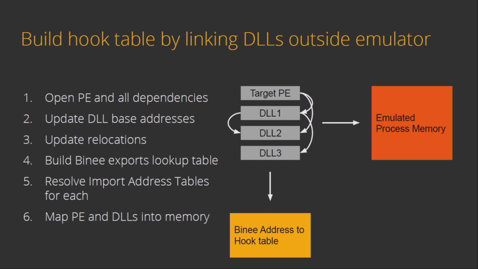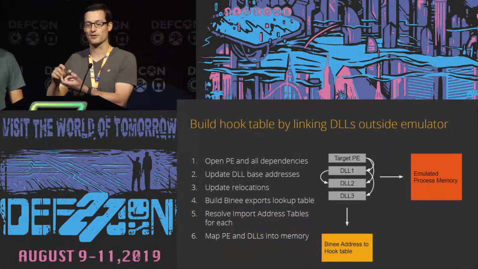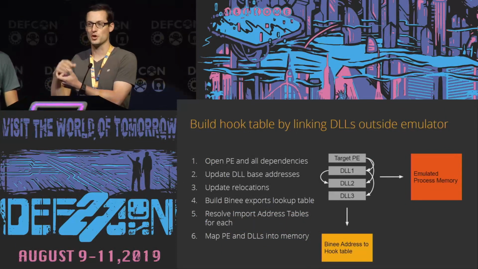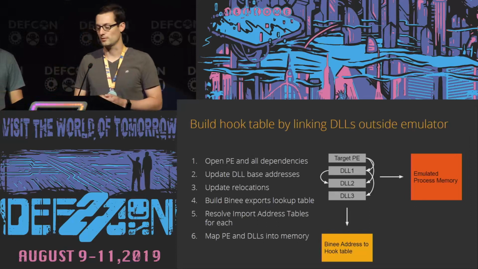So we now know the address for a particular function in the memory space, and we build our own map outside of the emulator between the DLL, the function, and where the address actually is in memory. This is so we can enable the hooking. When the emulator jumps to that address, we know to stop the emulator, run our hook if there's a hook available, and then move on.